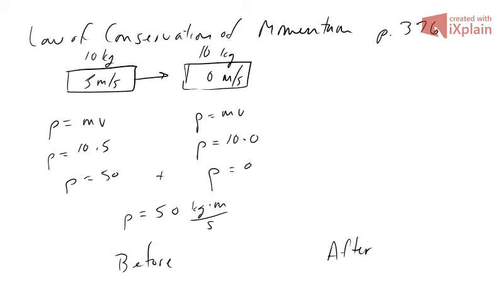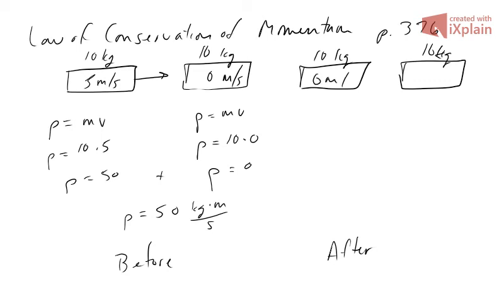And then we have to figure out what the after situation is. Well, what would happen here is that this one would now be stopped. So this 10 kilograms, their masses haven't changed at all. This one's now going to be stopped. And this one is going to be going off at 5 meters per second.